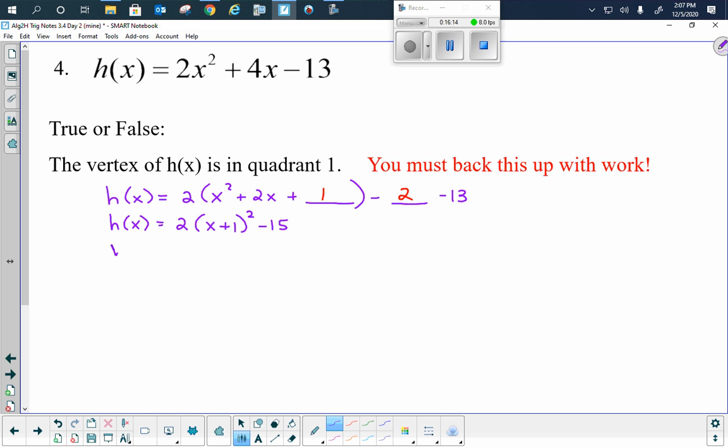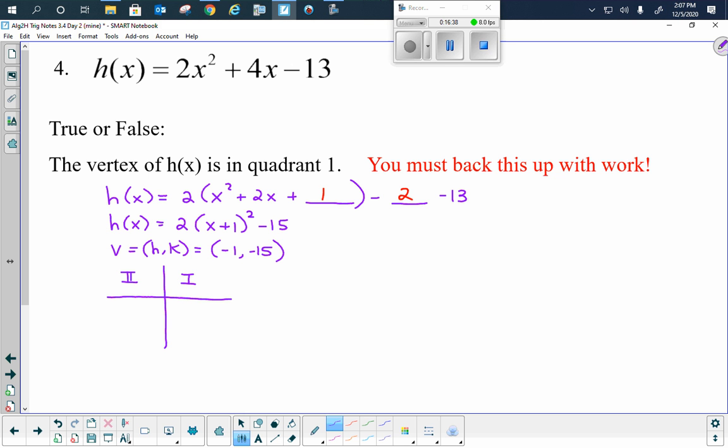So in your work, I want you to flat out tell me what the vertex is. Your (h, k) vertex is (-1, -15). I would be looking for that for work. And then review your quadrants. Remember, quadrants are always Roman numerals, and they start in the upper right.